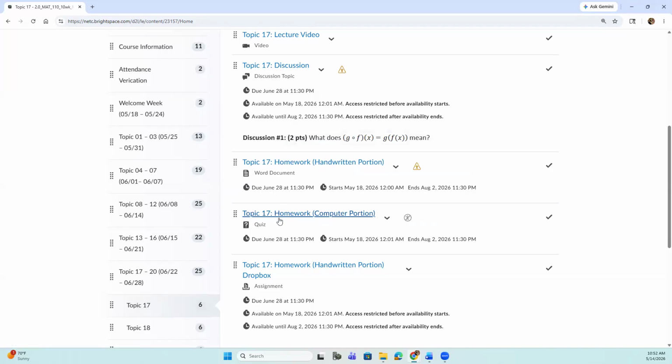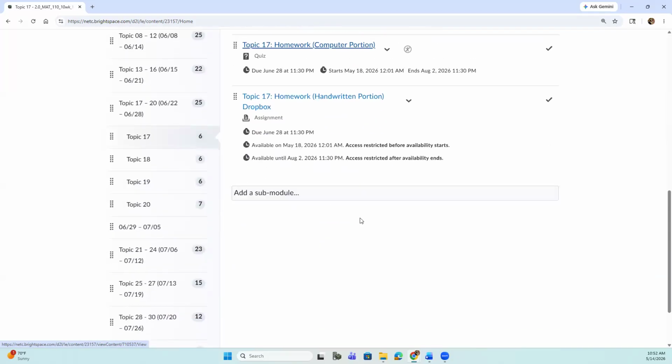So when I open up the computer portion of this homework but the handwritten portion is not there, the grading is not going to be complete. Just be mindful that I grade both portions of your homework at the same time, and all the grades for the topical homework are entered within the computer portion.